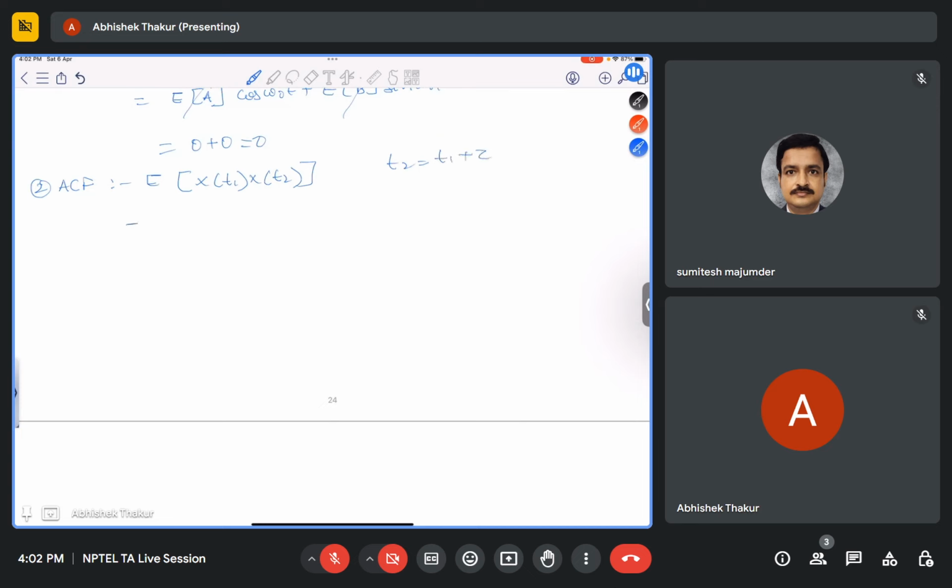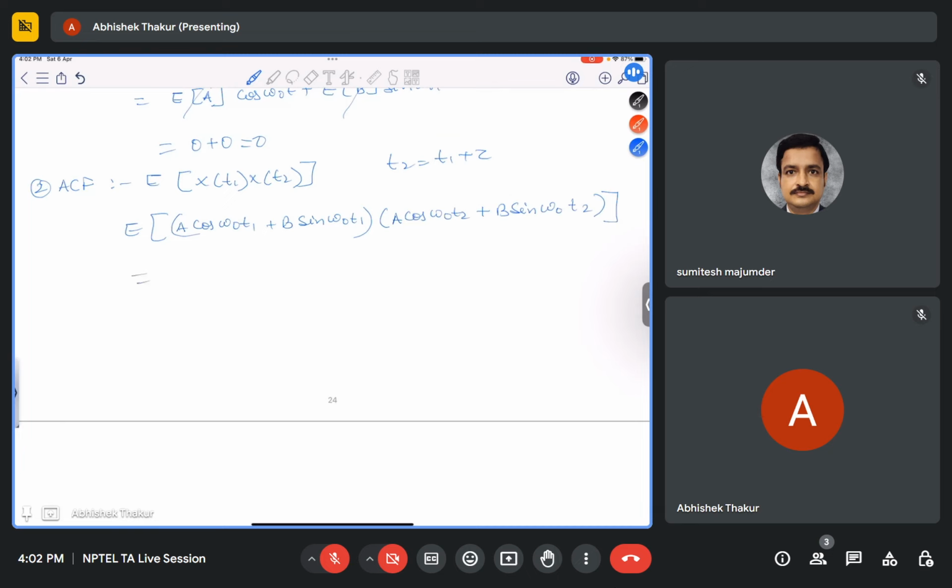So this is equal to the expectation of [A cos(ω₀t₁) + B sin(ω₀t₁)] multiplied with [A cos(ω₀t₂) + B sin(ω₀t₂)].